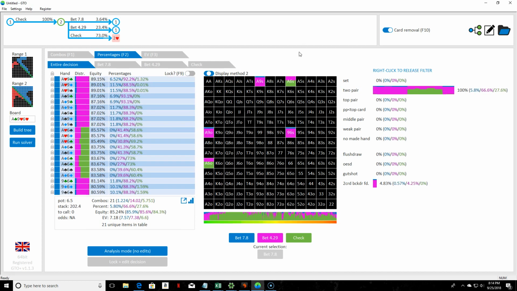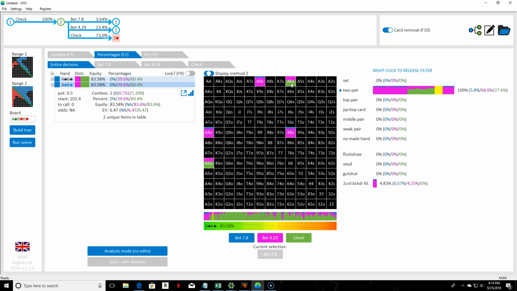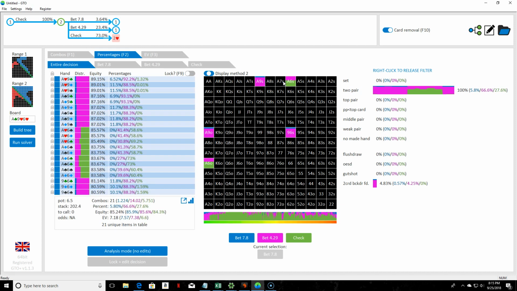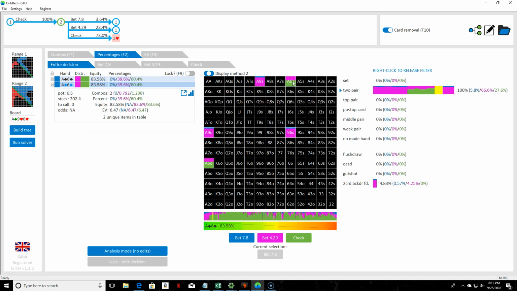Our 2-pair hands. Now you can take a look at the ace-6 here. It actually suggests that we should be checking the ace-6 here. So we'd be betting our better 2-pair, but not our lower 2-pair. So that's interesting.